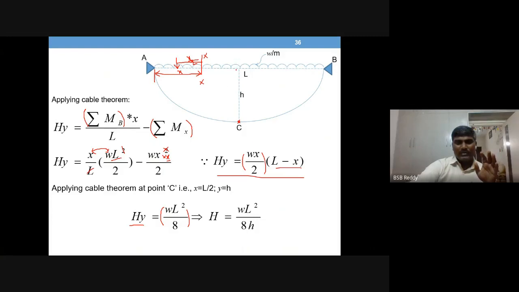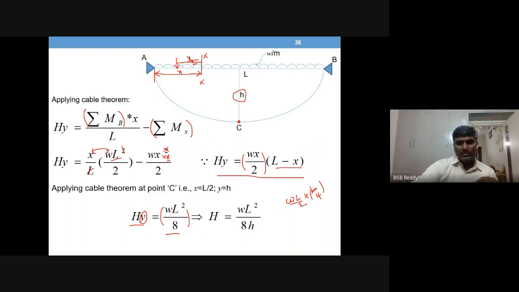So if you take a section here, w into span is L by 2 load span, and the distance is half of L by 2. That means L by 4. So how much you get? WL square by 8. Moment at center. So what is Y at center?